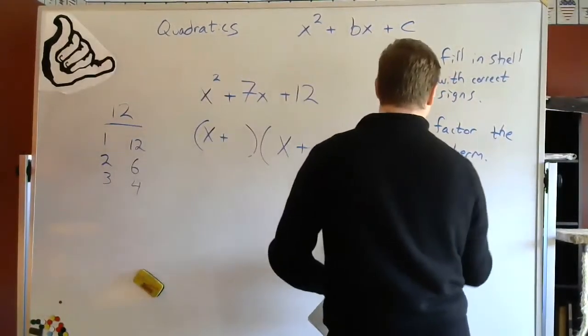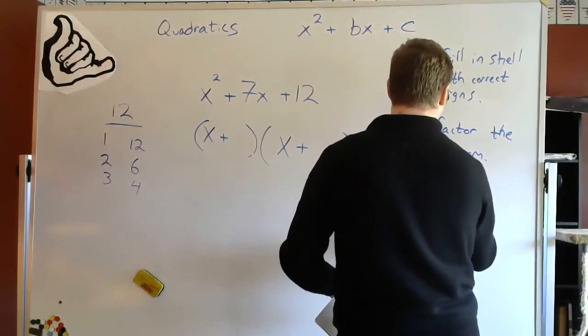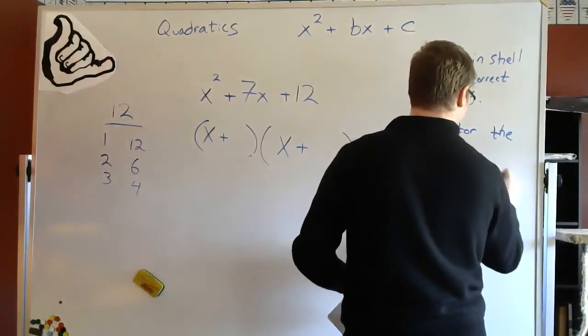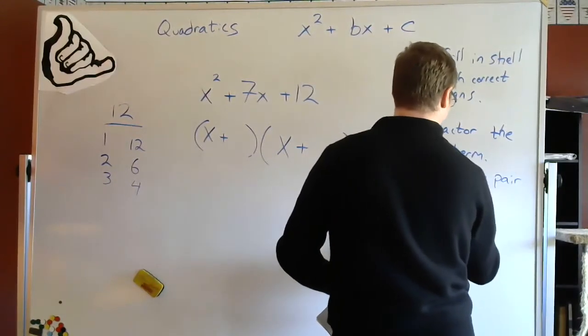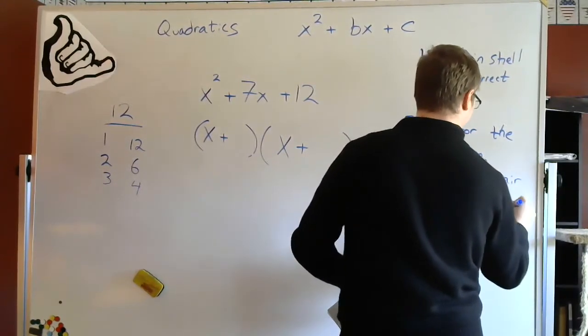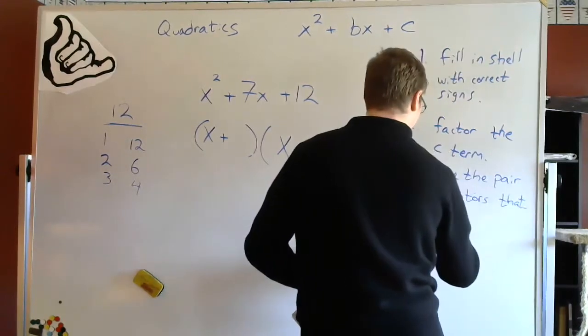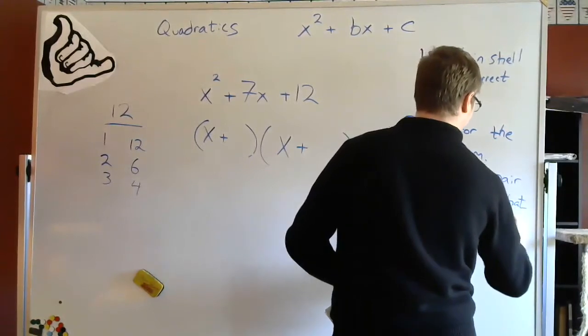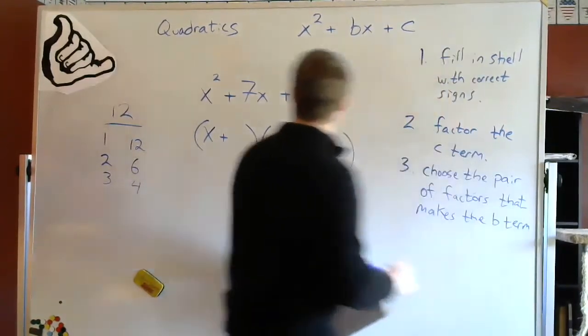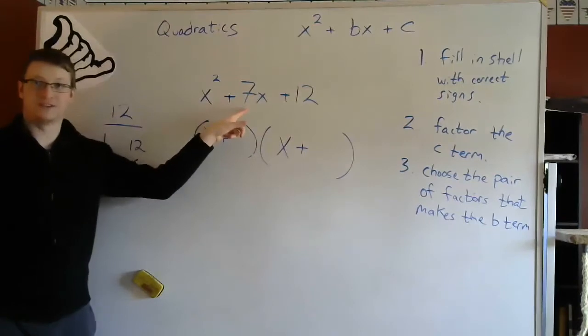For step 3, we want to choose the pair of factors that makes the B term. So look at what B is. B is 7.